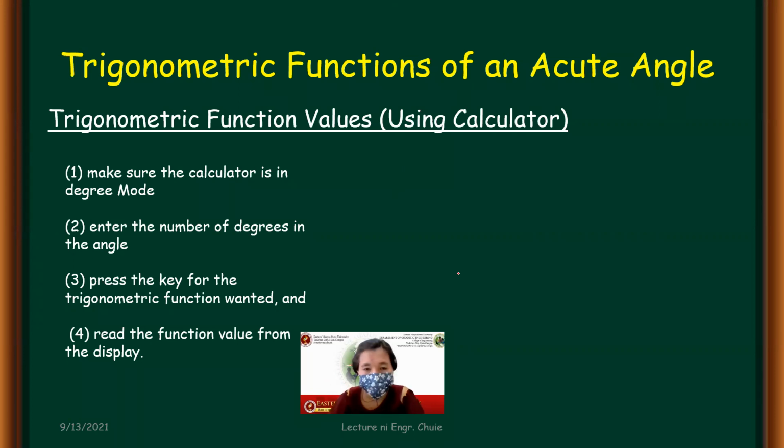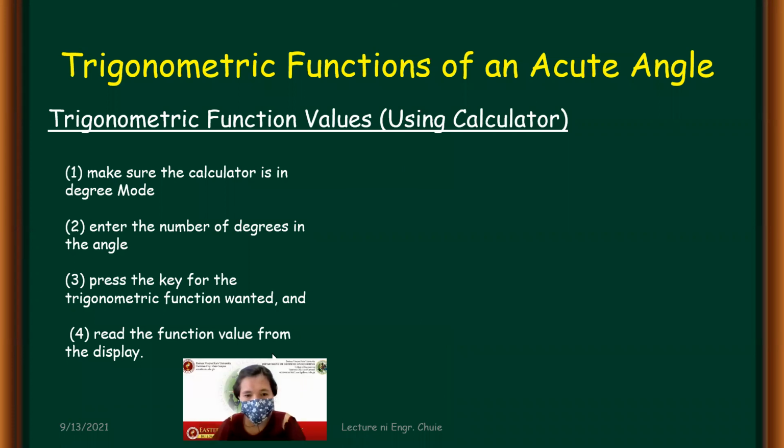So for those who are not yet familiar, how are we going to input the values on your calculator? We use the scientific calculator. For the trigo functions, we can determine the trigo function of a number. Make sure that your calculator is in degree mode.